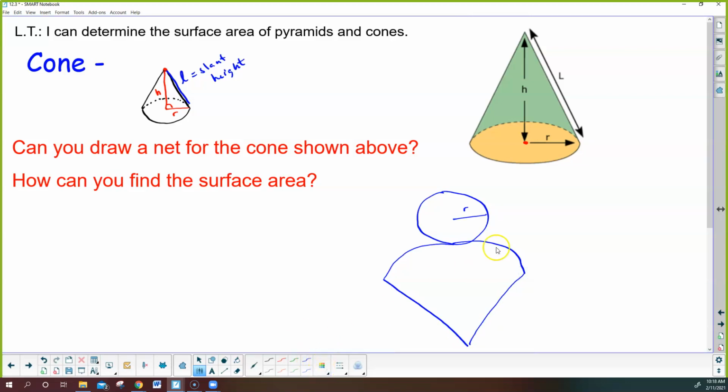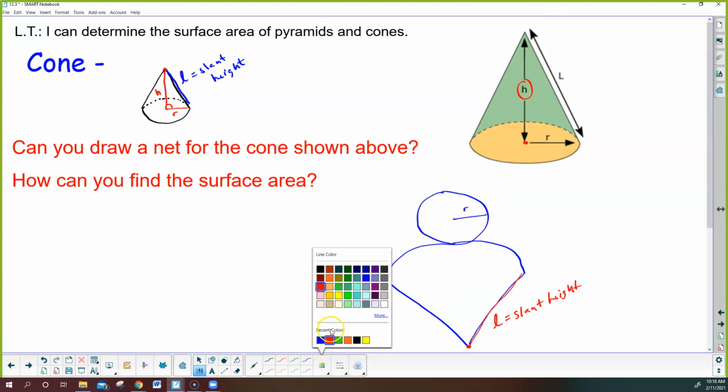And I just want to highlight a couple of key pieces. So notice this length right here. Okay? This length is the slant height of the cone. And we know that three-dimensionally, the height is not present in the two-dimensional net. So that's gone. We know what the radius is.